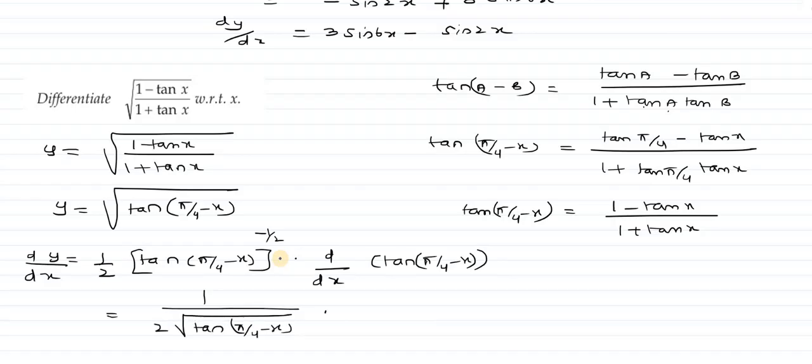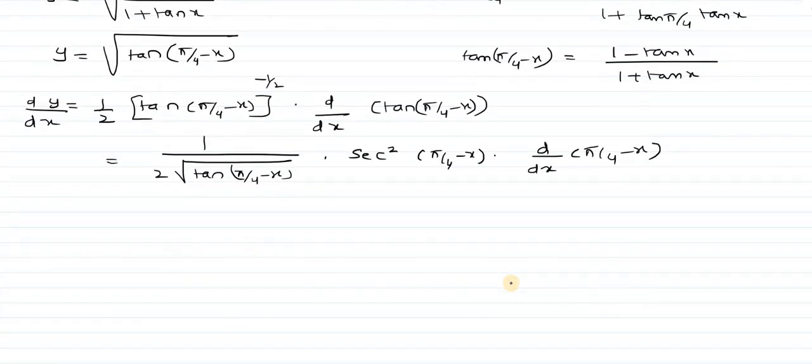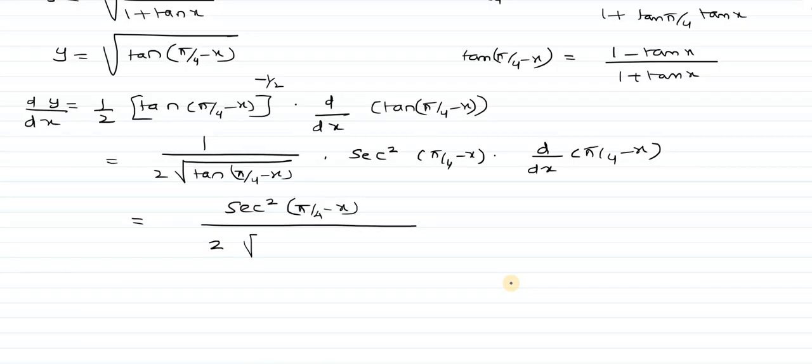Here, when I differentiate the tan function, what will you get? Secant square of pi by 4 minus x. But should I stop there? No. Whenever I differentiate a trigonometric function, the inside angle also I need to differentiate. The angle is pi by 4 minus x, correct? So secant square of pi by 4 minus x divided by 2 into under root tan of pi by 4 minus x. Differentiation of pi by 4 is 0, minus x is minus 1.